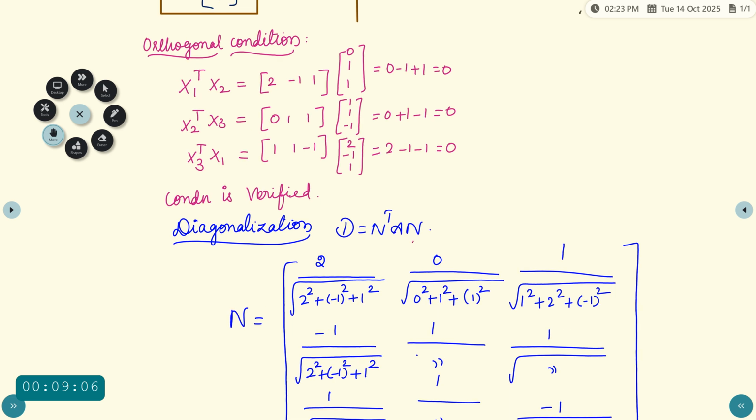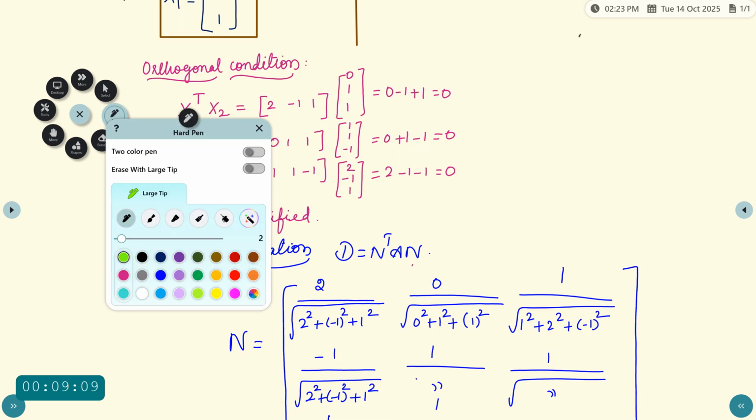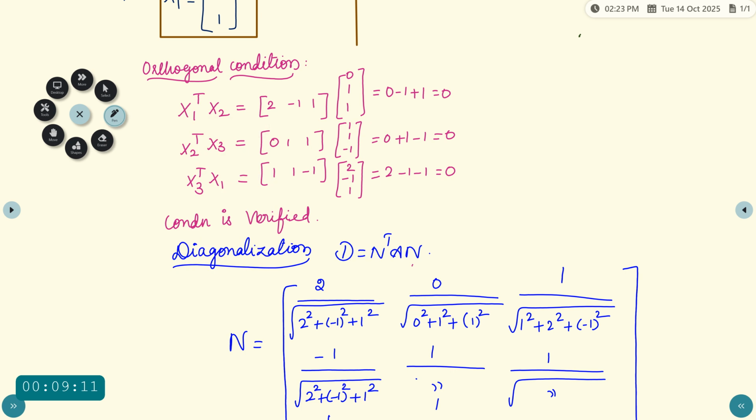Next, this is a very important step. You have to check the orthogonal condition. X1 transpose X2 equal to 0, X2 transpose X3 and X3 transpose X1. All three eigenvectors we know. So, X1 transpose you write as a row, and X2 is 0, 1, 1.